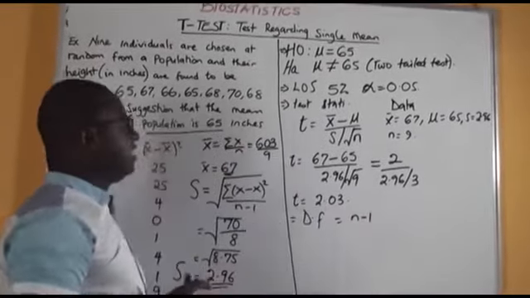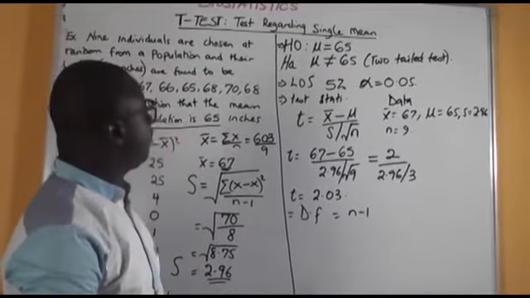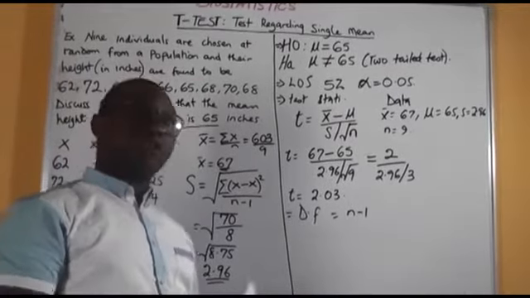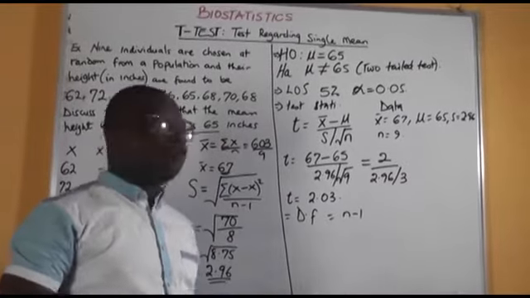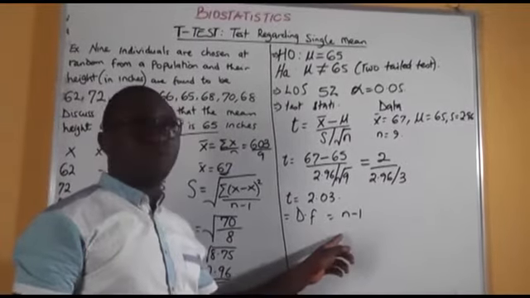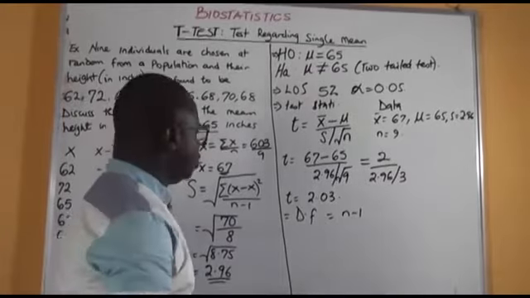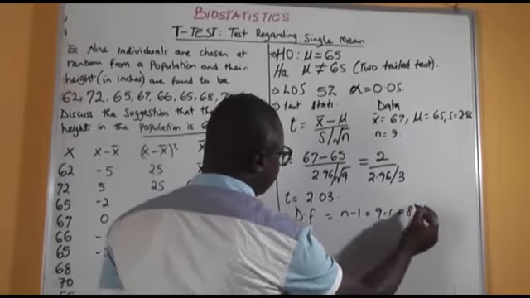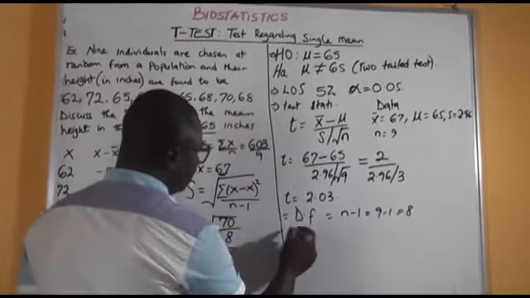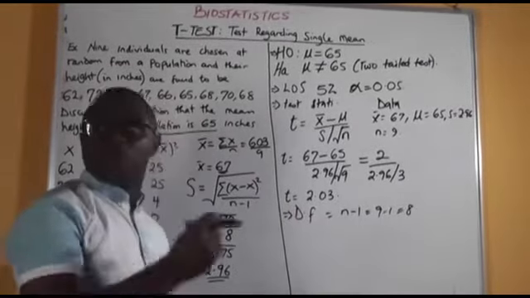When you get to the paired t-test, you have a different formula for degrees of freedom. So what is our N? Our N is 9 minus 1, which is 8.